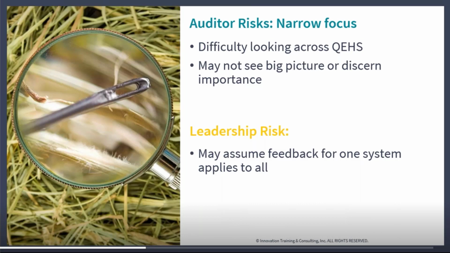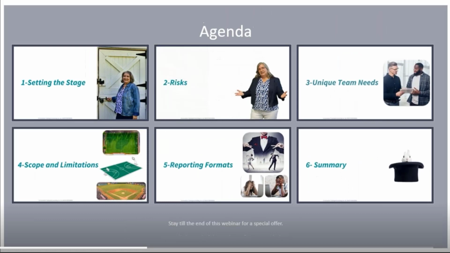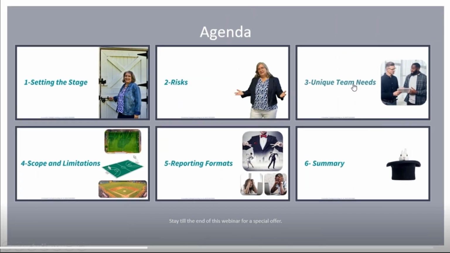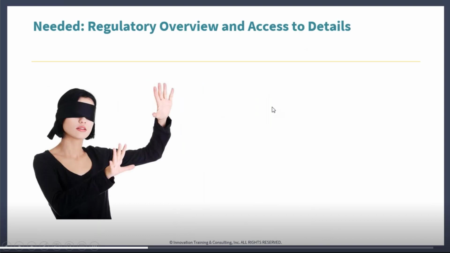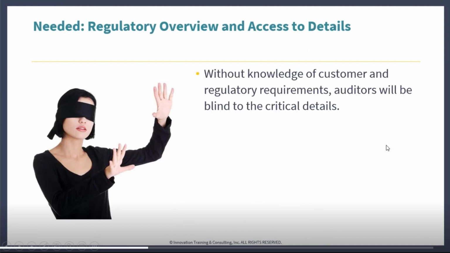So next we're moving into the unique team needs. You probably figure this is a beating drum by now, but if you really don't know the customer requirements or these other agreements that you've made, the auditors are going to feel blindfolded to the critical details.